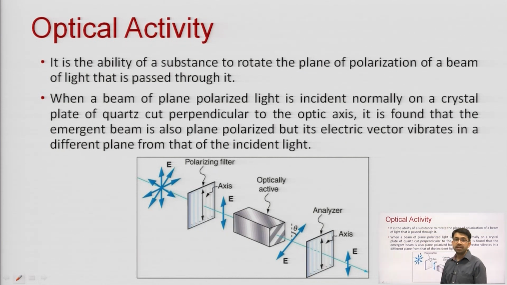This property is very useful in various applications. So, it is the ability of a substance to rotate the plane of polarization of a beam of light that is passed through it.